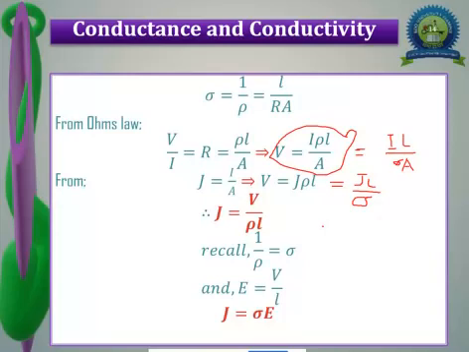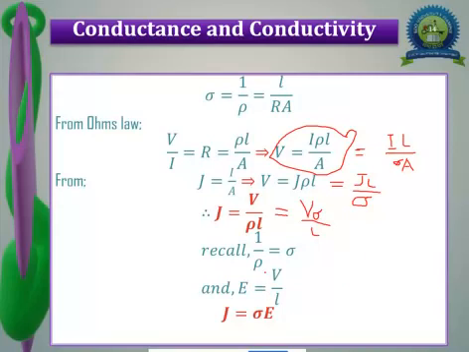Is that okay? Good. So from this, we can say that our current density is equal to V over rho L, which we can also express further as V sigma over L. Okay? And so, on and on, you can manipulate all these and relate all the formulas depending on the particular area of interest. Okay?